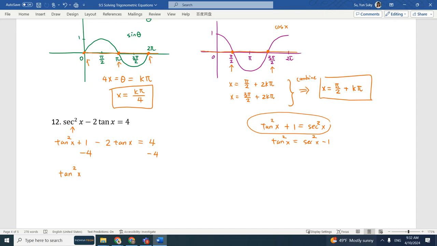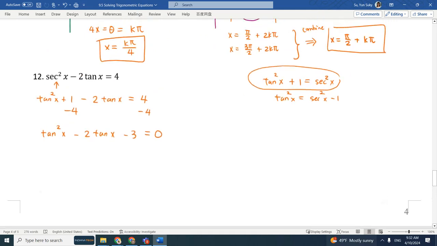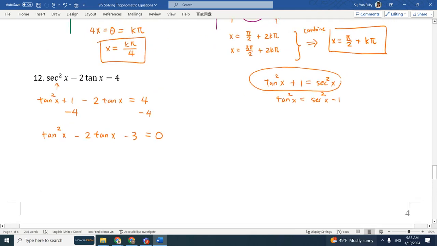Okay, so tangent x squared. And what is the next term? Yeah, minus 2 tangent x. What's the constant? Yeah, minus 3 equals 0. Okay, do you see it's a quadratic type? If you can factor right here, feel free to do that. Otherwise, you can use a u substitution and make the problem look easier.